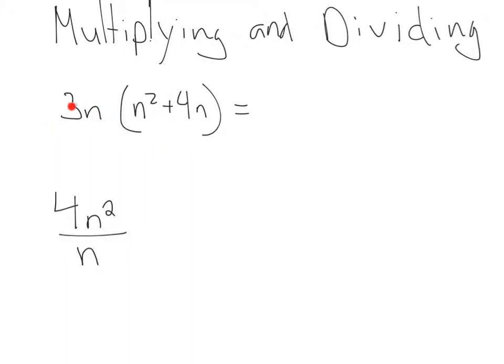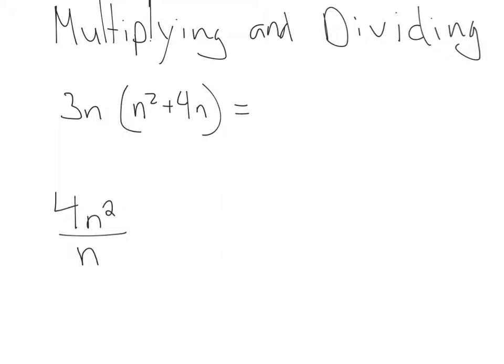In this example, we're just using the same variable. So, the first step would be to use distributive property to multiply 3n by n squared and 4n.